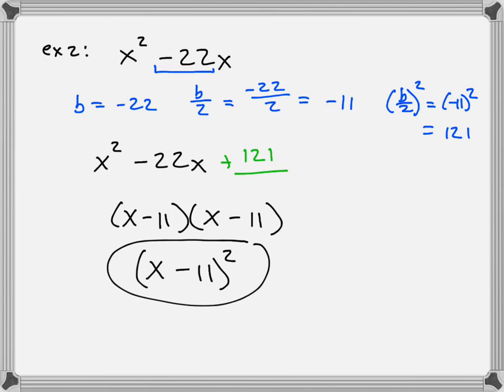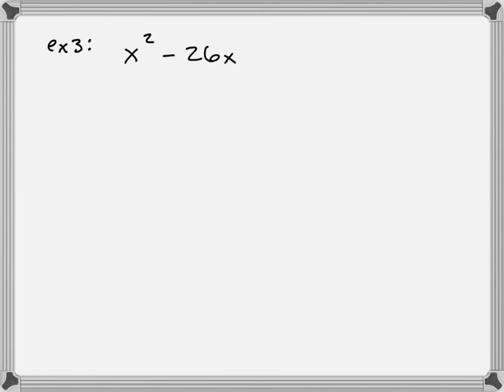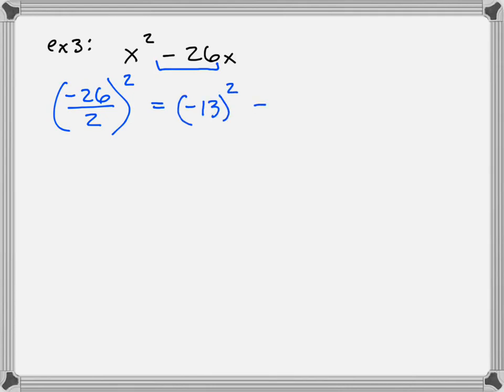Let's look at another example. Again, I'm going to skip the picture and just do this algebraically. So what is my b value? In x squared minus 26x, my b value is negative 26. So I'm going to take negative 26 and divide by 2, and then I'm going to square it. Negative 26 divided by 2 gives me negative 13, and negative 13 squared gives me 169.